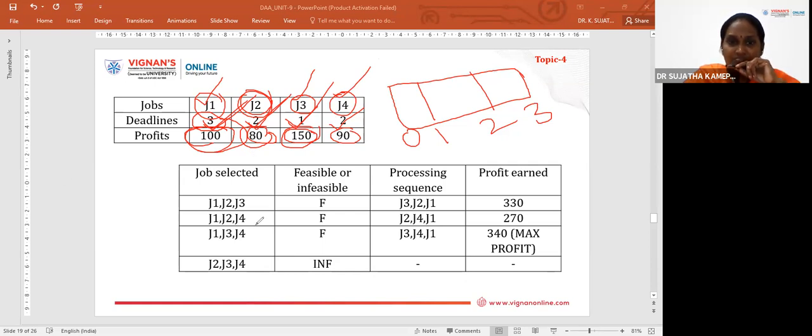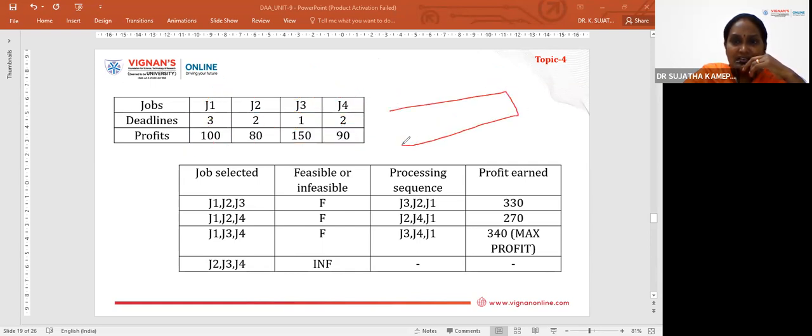Now, how can these jobs be selected? Let us take generally how we will select jobs. Here you have a maximum deadline of 3, so you divide your total time, the maximum time of 3, into 3 equal slots.